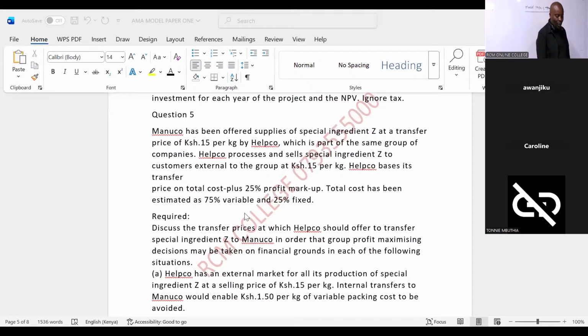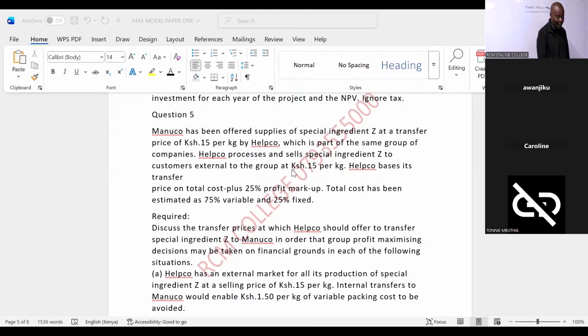So you're told question number 5, Manuko has been offered supplies of special ingredient Z at a transfer price of 15 per kilogram by BOK, which is part of the same group of companies. BOK processes and sells special ingredient Z to customers external to the group at Kenya shillings 15 per kilogram.